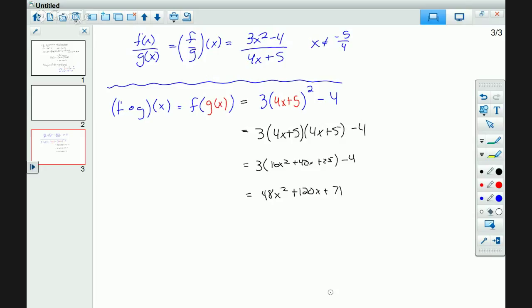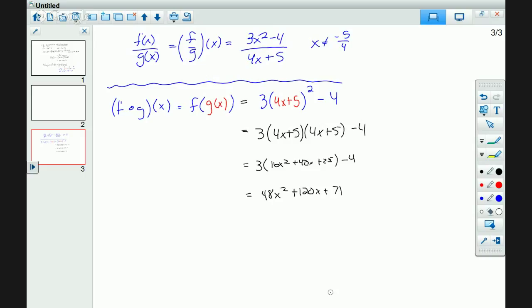We can also do g of f of x and go ahead and show that to you. Good. Okay, you just switch them. It's actually the easier of the two. What is the domain of this function?